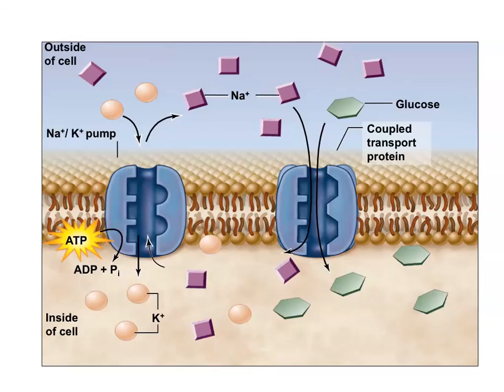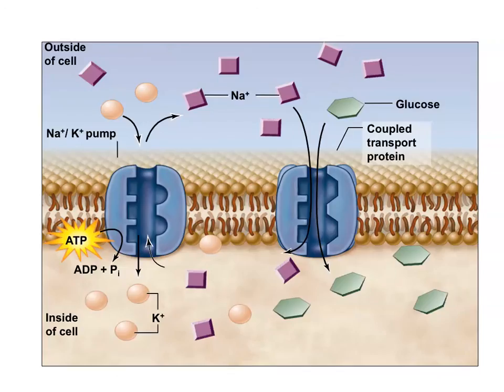This increased concentration of sodium on the outside of the cell, which resulted from the sodium-potassium pump, allows sodium to diffuse back into the cell through the coupled transport protein or the symporter on the right. This symporter brings sodium back into the cell along the concentration gradient and simultaneously brings glucose into the cell.